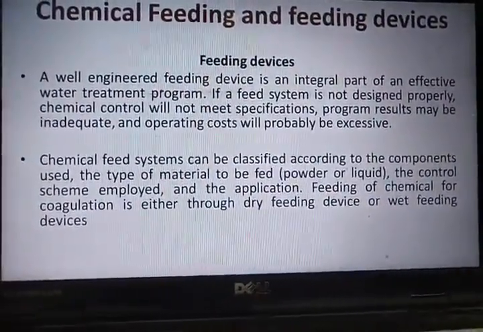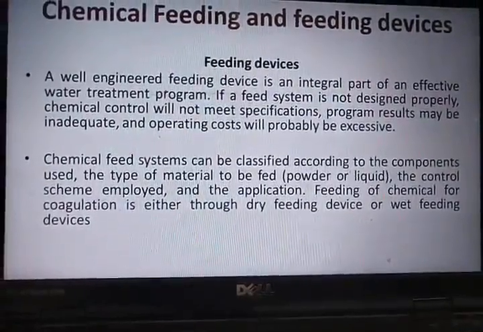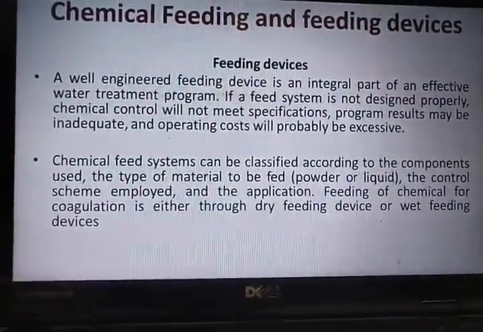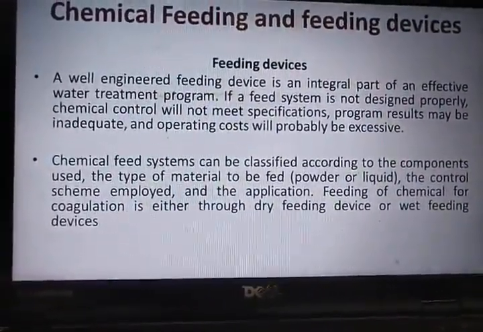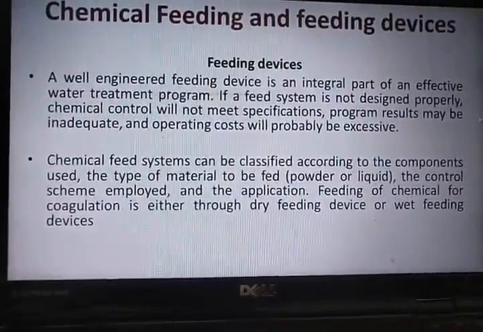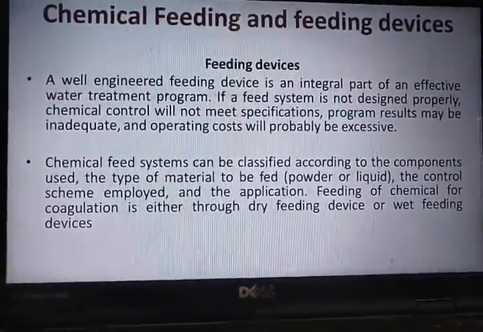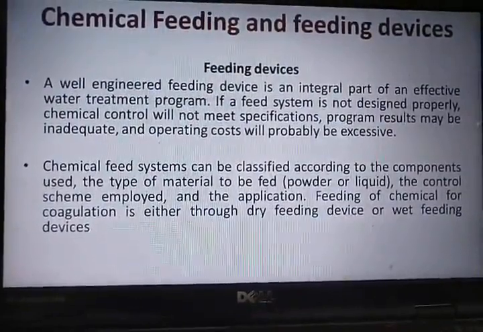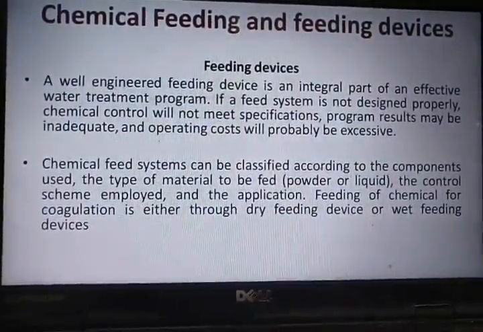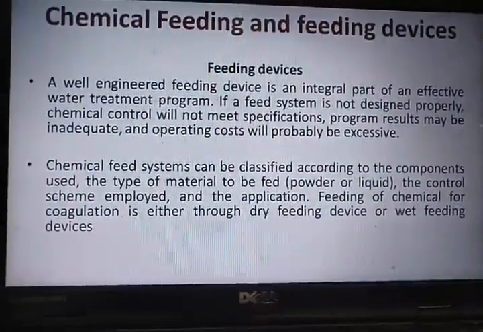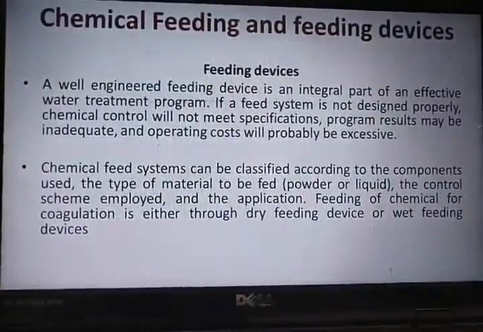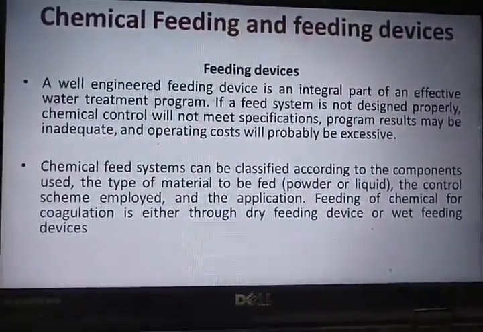Sometimes it may also result in excessive costs and make the facilities uneconomical. So for that reason, we need to design these feeding devices effectively in order to treat the water to the desired prescribed standards.